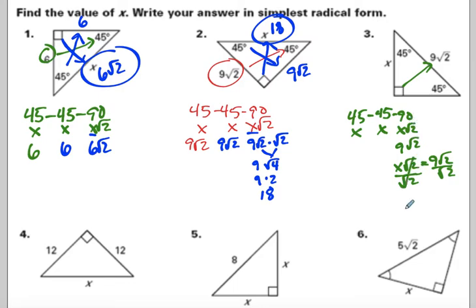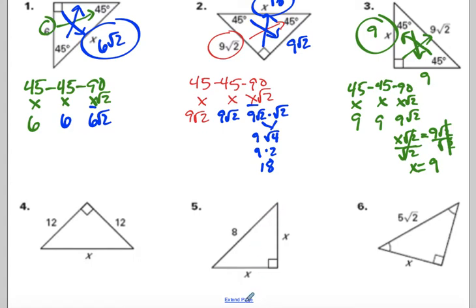So the root 2's here cancel, leaving just x, and what's amazing is that you had a root 2, so it is going to divide really nice. Root 2 divided by root 2 just cancels to 1, and so you get 9. So x is 9. So that means in our table that x's will both be 9s, and that means that across from our 45s we're going to have a 9, and across from the other 45 a 9. And that was what we were looking for on that problem.